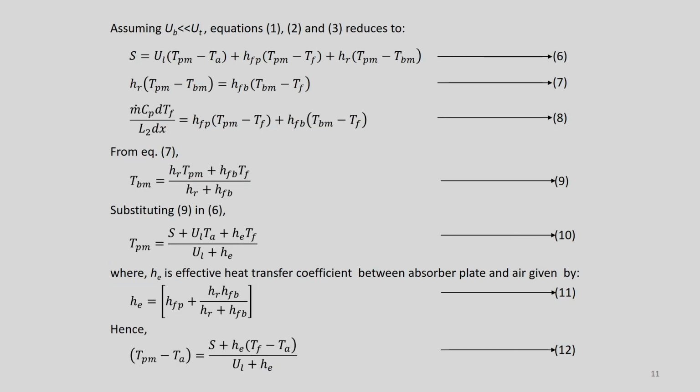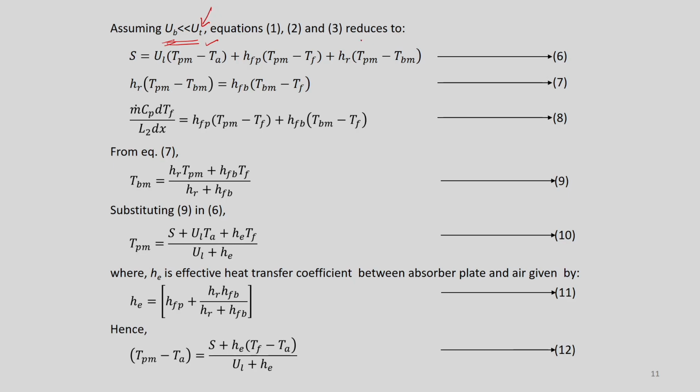Now, assuming U_B is very small compared to U_T. This U_T is very high because, to reduce the heat loss, sufficient insulation is provided at the bottom. So, because of that, U_B can be neglected compared to U_T, right.